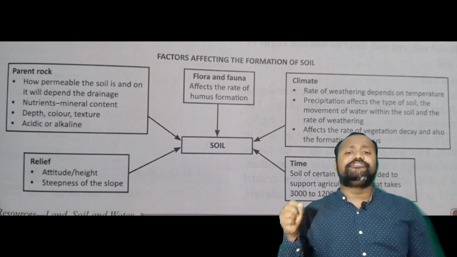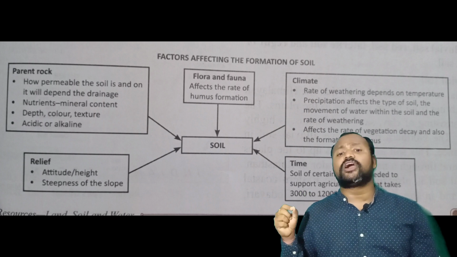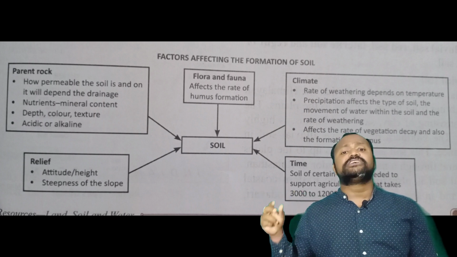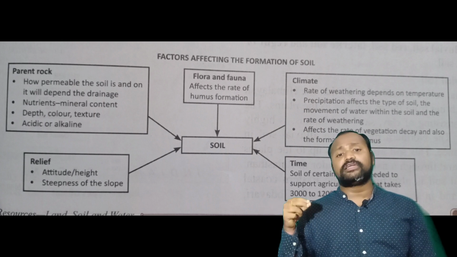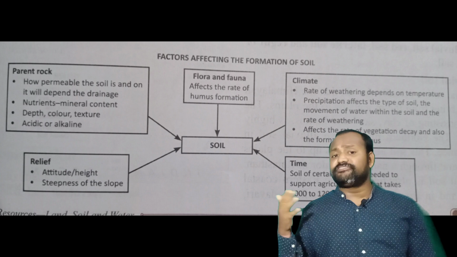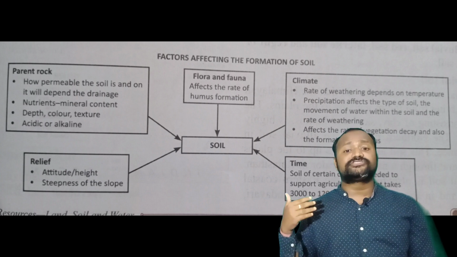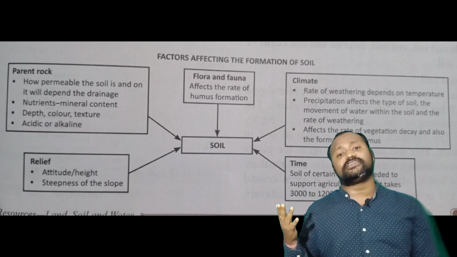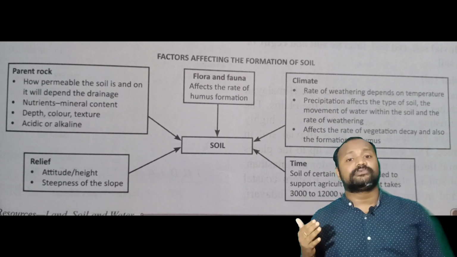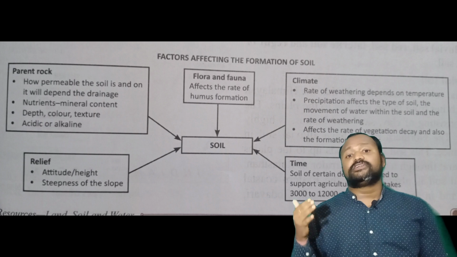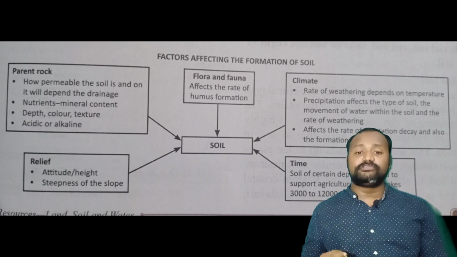Students, we have different kinds of soil. Some soils are very clayey, some are less clayey, some are fine, some are coarse. The texture is different. Why is the texture different? Because of time.